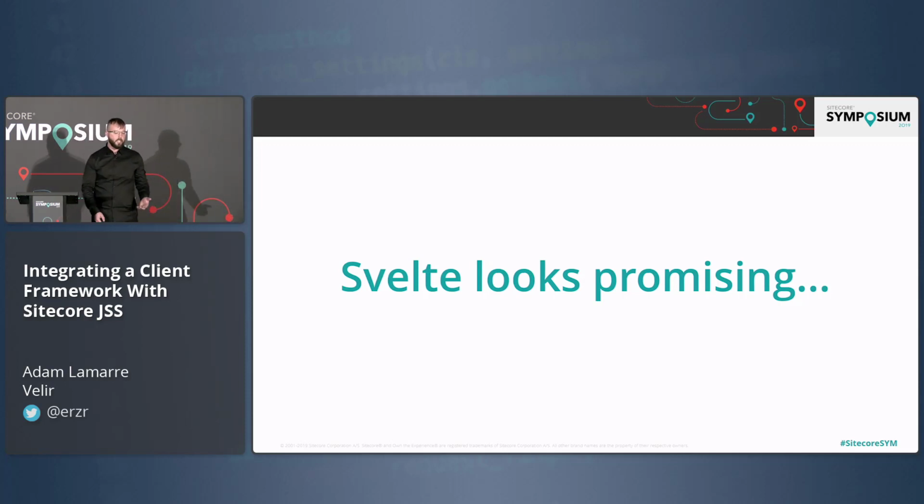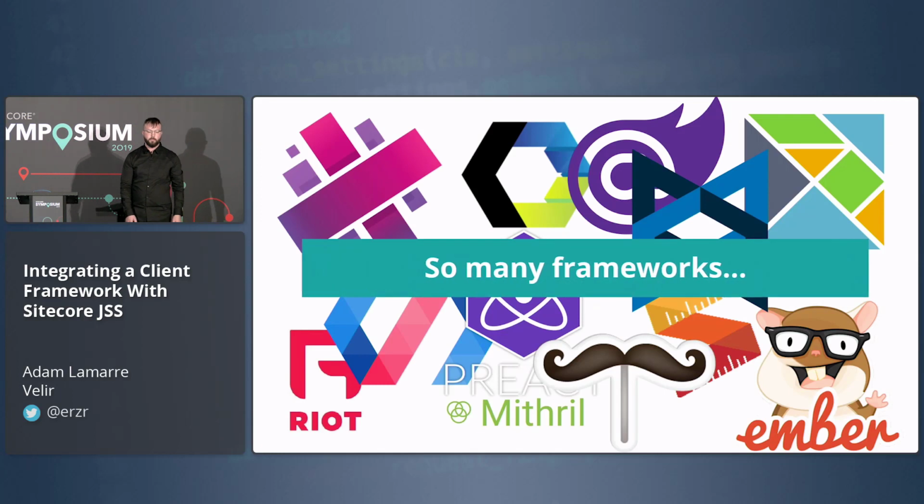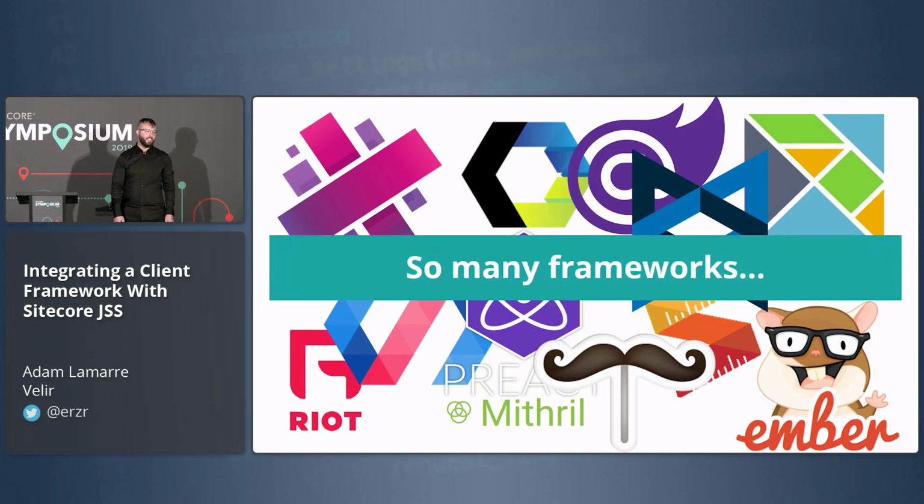Ultimately, this presentation isn't truly about Svelte, though. It's about frameworks in general through the scope of the work I did with integrating Svelte with JSS. There are so many frameworks out there. A new framework's probably been released since this talk began. All of these could be fair game for integration, and it might make sense.